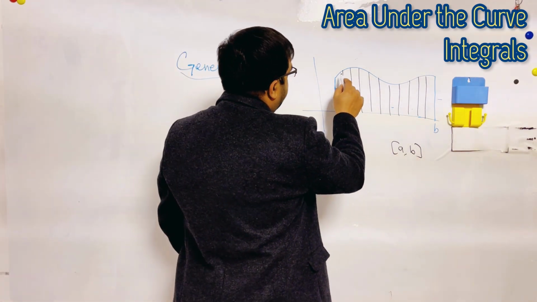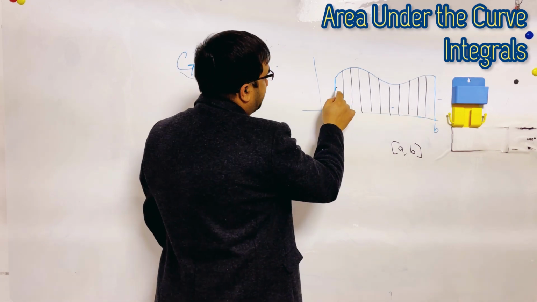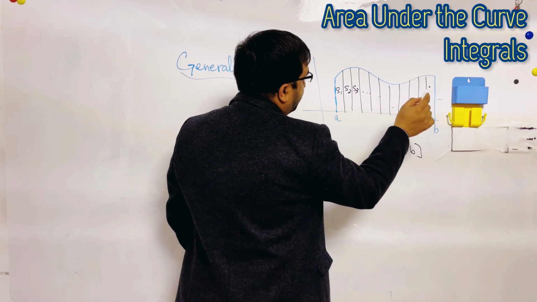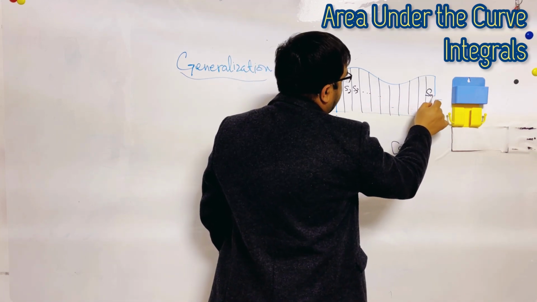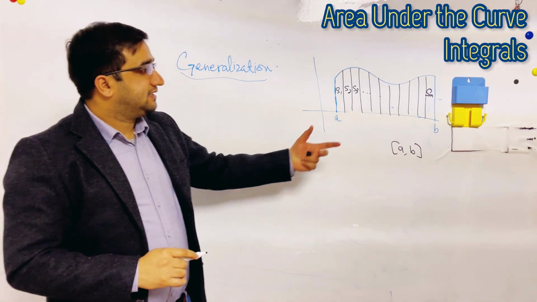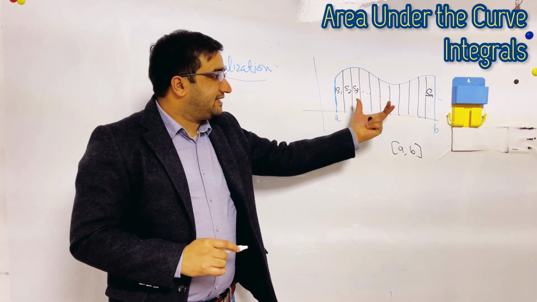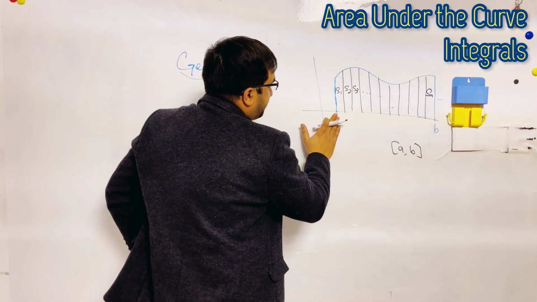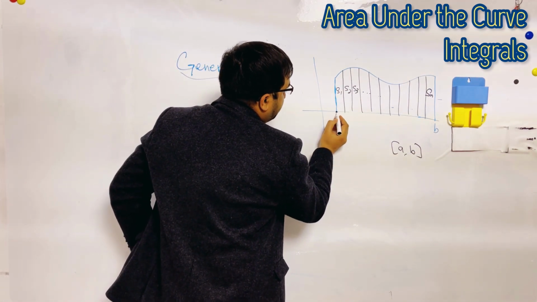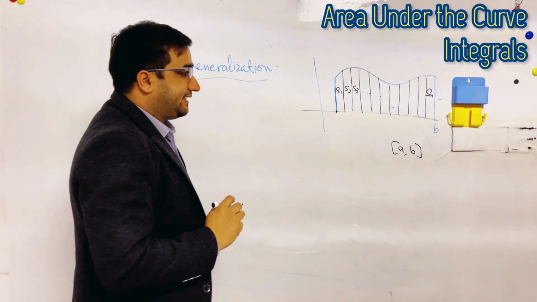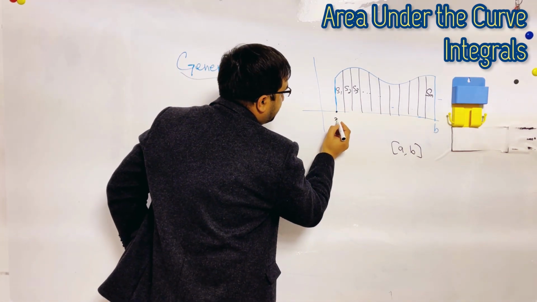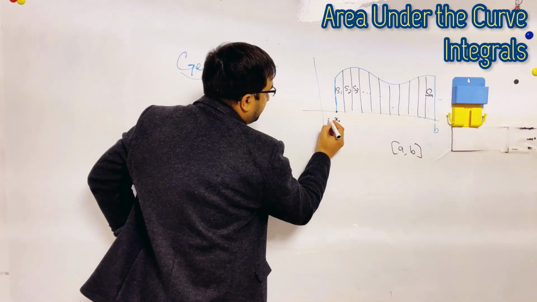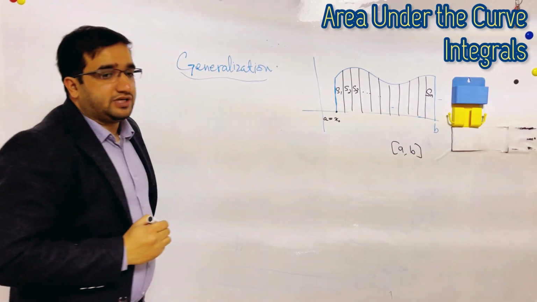Now I'm assuming that these look like rectangles. This is S1, this is S2, this is S3, and so on, and the final one is Sn. So I have split the whole shape into n small slices. The starting point is always called x naught, so x naught is equal to a.